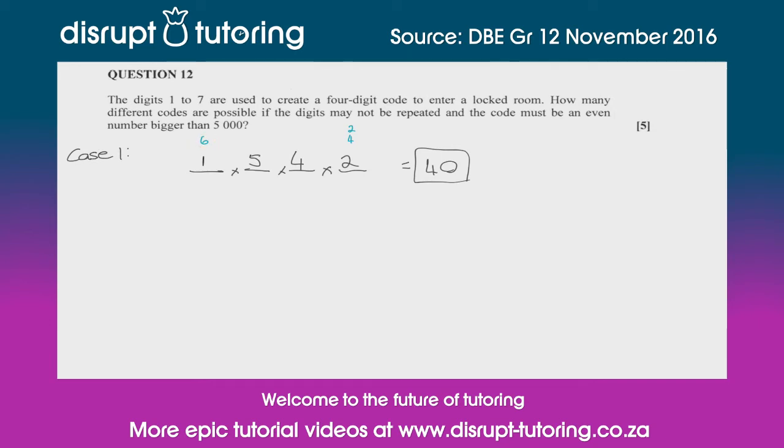Right, but we are not finished, because this was just case 1, if we happen to start with 6. We know the number must be greater than 5,000, so the other 2 possibilities are that it starts with 5 or it starts with 7. So for case 2, we can do the same thing and draw out the different blocks, except this time the first digit could be either a 5 or a 7, and the last digit, because we're not using the 6 at the start, could be a 2, a 4, or a 6.